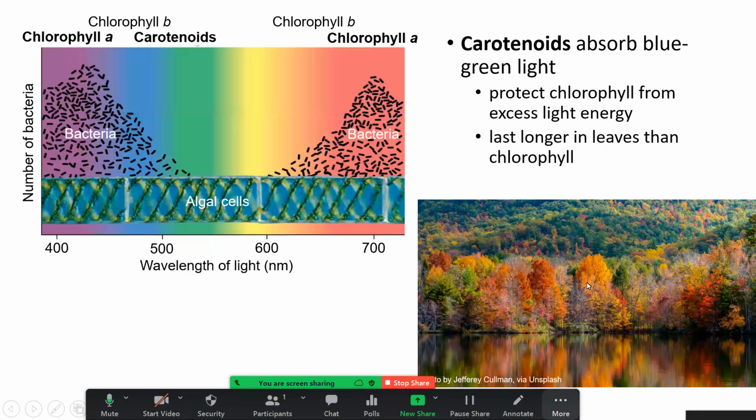And they are also found in most photosynthetic organisms, especially plants. And in plants, they're really important because they actually protect chlorophyll from getting too much light energy. Also, as plants do less photosynthesis in the fall, the chlorophyll starts to break down, and the carotenoids break down more slowly. So the carotenoids stick around, and that is why the leaves turn orange and red.